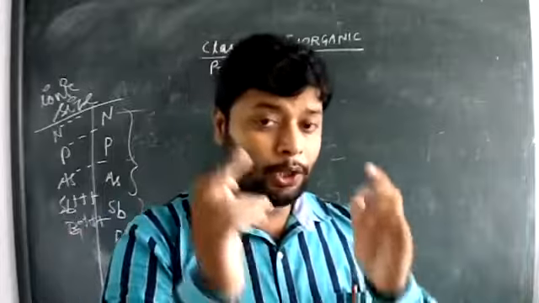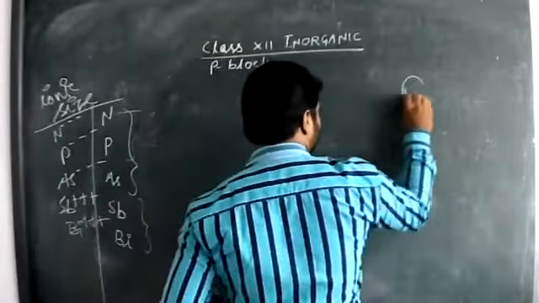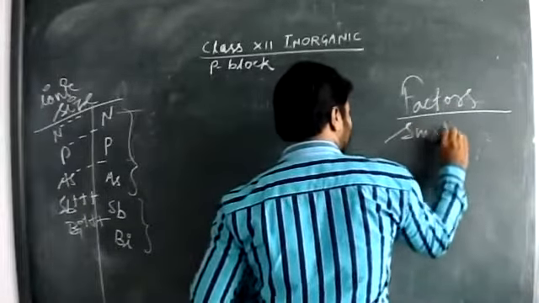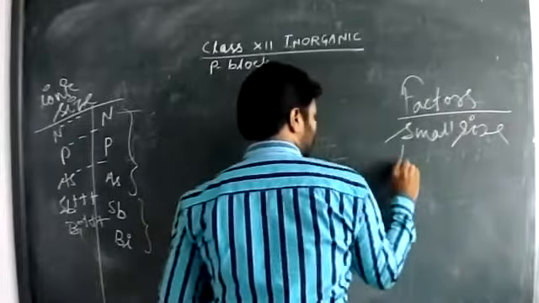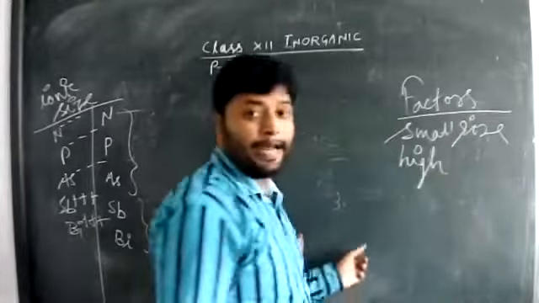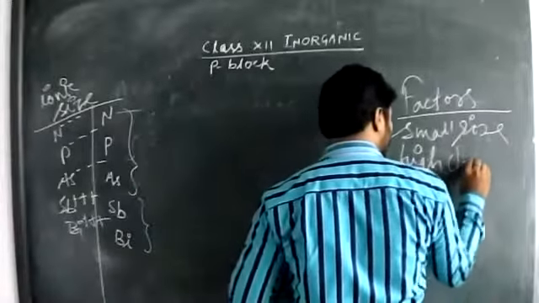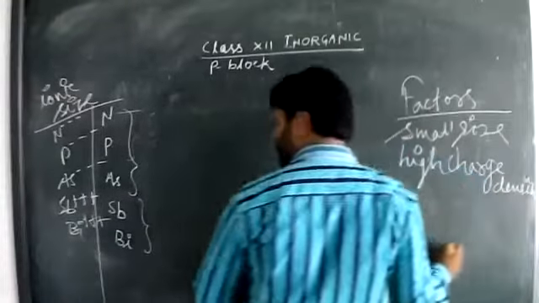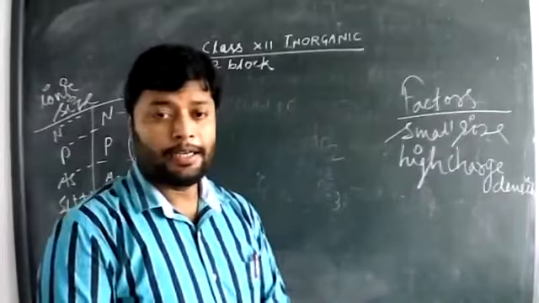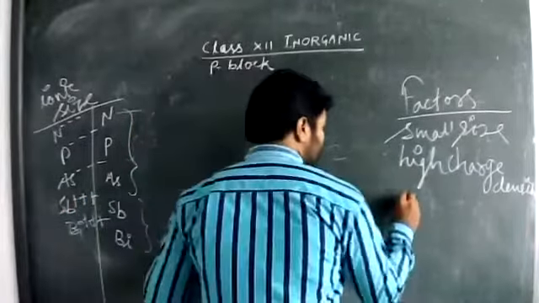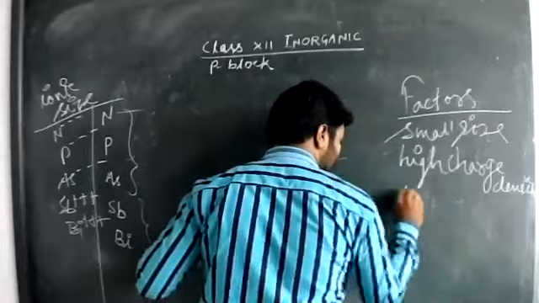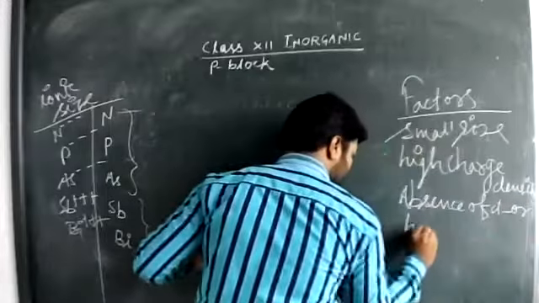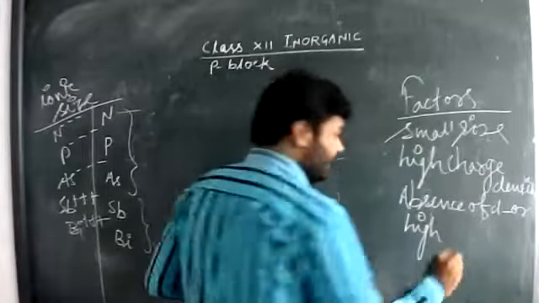Look at the factors first. The factors are small size, high charge density, absence of d orbitals, and high electronegativity.